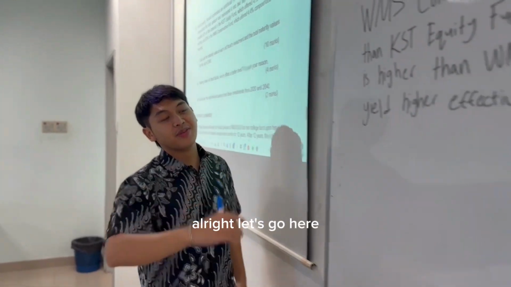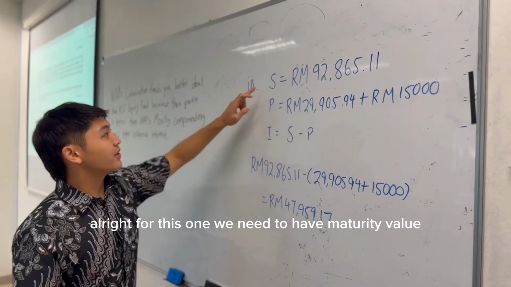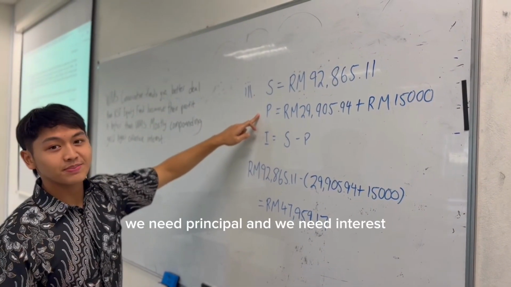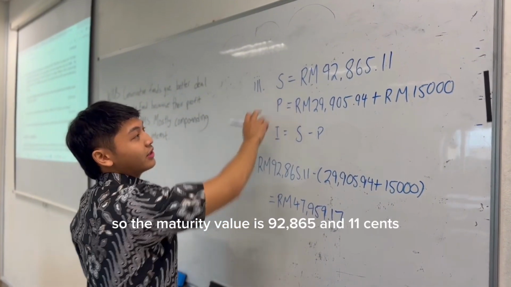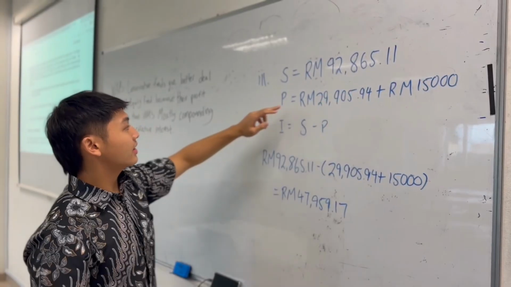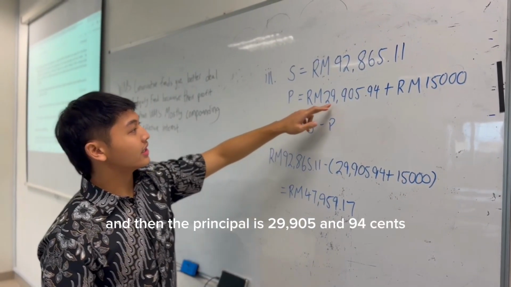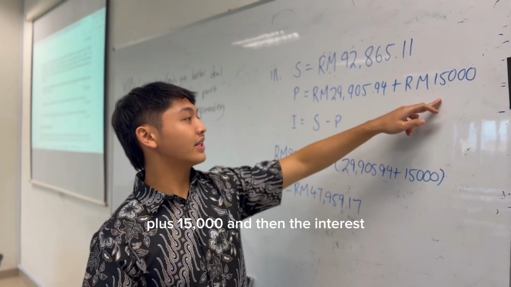Alright, for this one, we need the maturity value, the principal, and the interest. So the maturity value is 92,865.11. And then the principal is 29,905.94 plus 15,000.